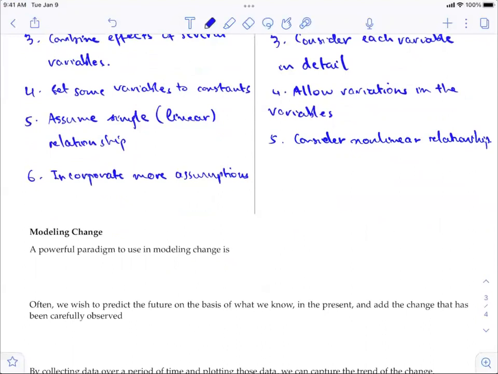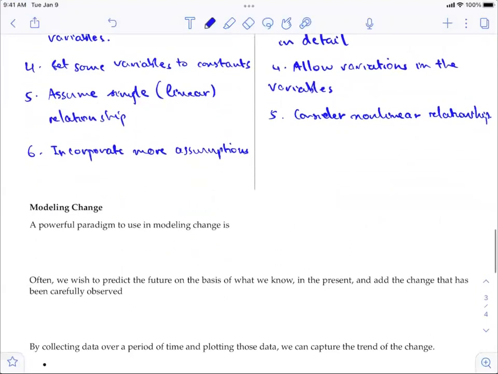It's very rarely that we have a linear relationship between the variables. But for the coursework, of course, we always want to start with simple models such that we can use simple or linear relationships among the variables.